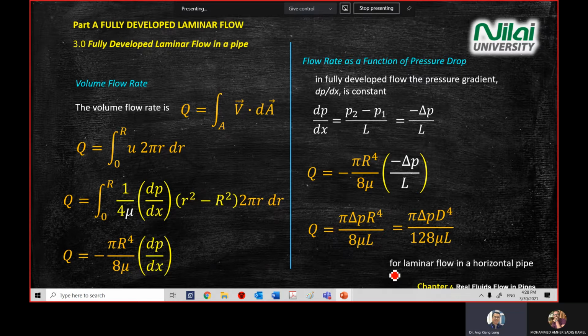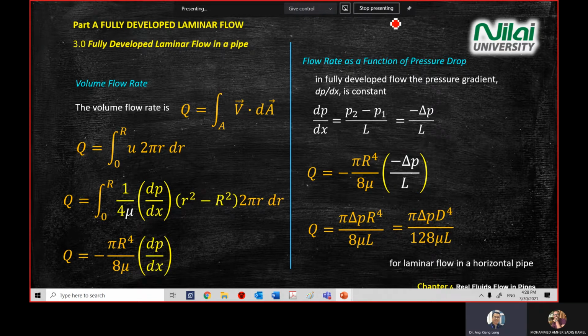Normally in the exam, there will be one particular section asking you to explain the type of flow in that particular pipe. So you use the Reynolds number to determine whether it's laminar or turbulent. The next step will be to use the respective equation to solve.